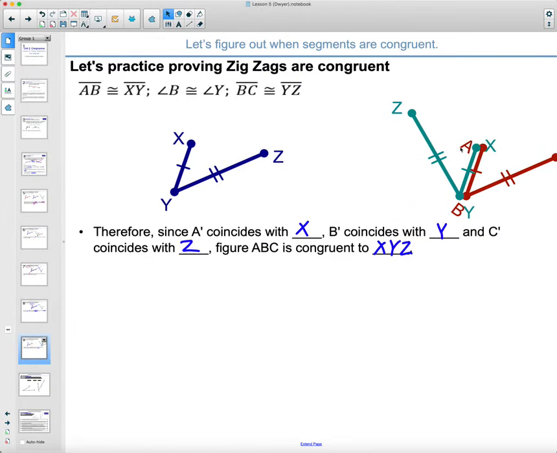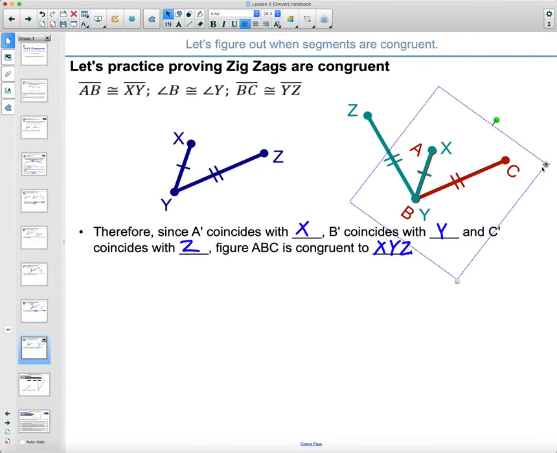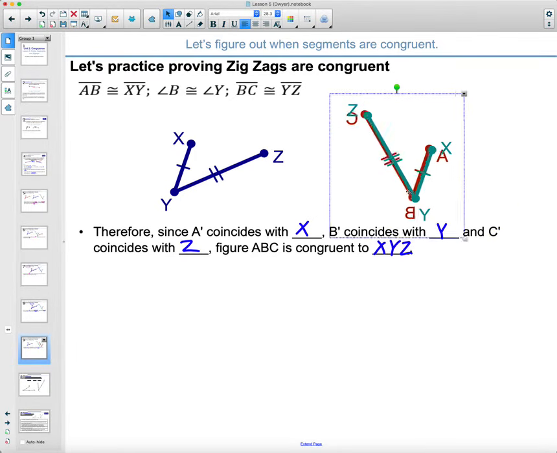If it's on the wrong side, flip it over. If it's not, then you don't. But when you're doing the proof, you say, if necessary, flip it over. And then how do we know C landed exactly on Z? Because it's on the same side of XY, on the same angle, because these two angles are the same, and it's the same distance away.